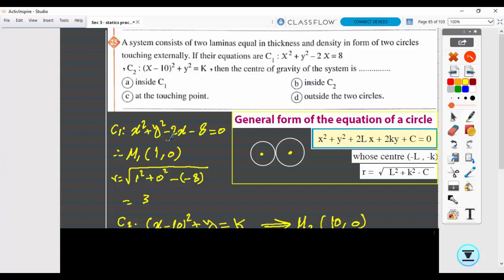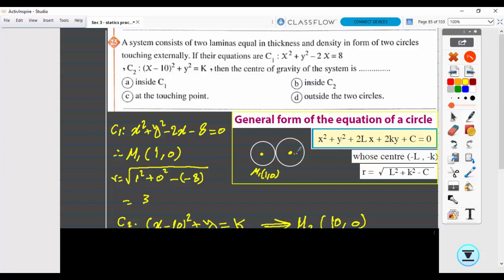Here the coefficient of x is negative 2, so negative negative 2 divided by 2 equals 1. What is the coefficient of y? It is 0, there is no y here. Negative 0 divided by 2 equals 0. So M1, the center of C1, is here at (1, 0).